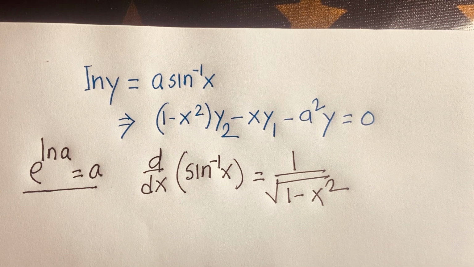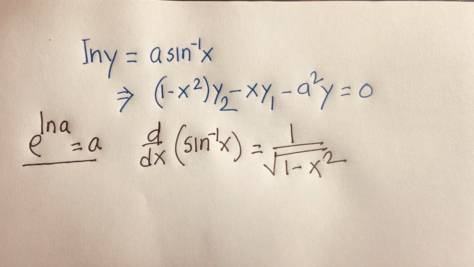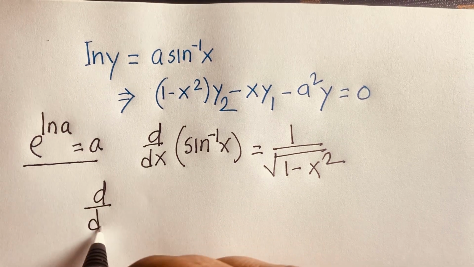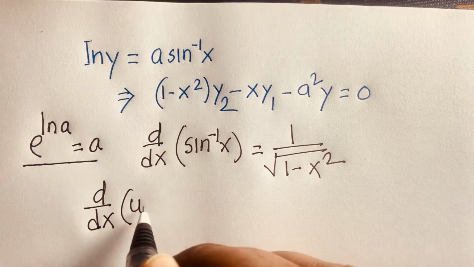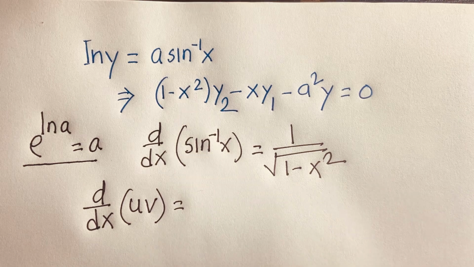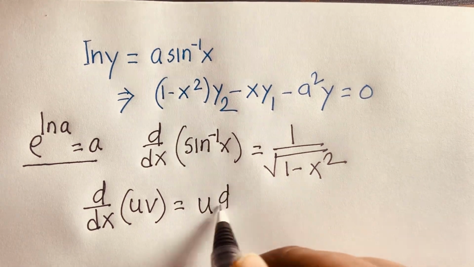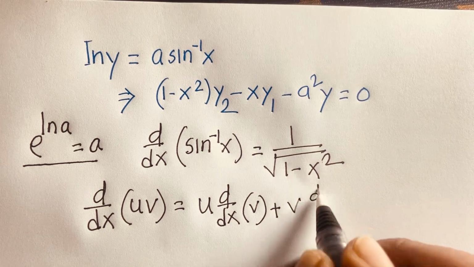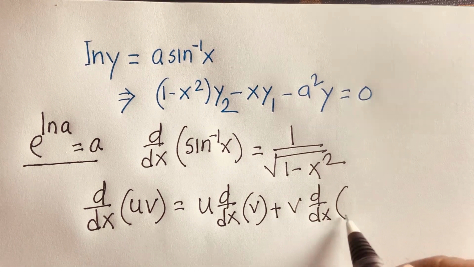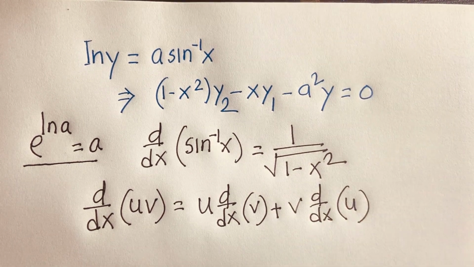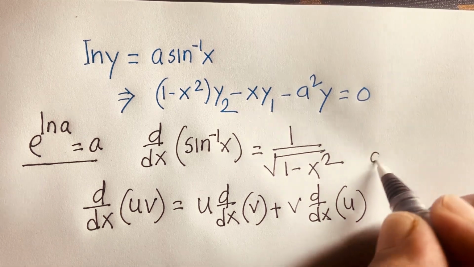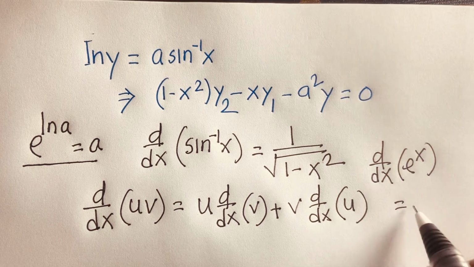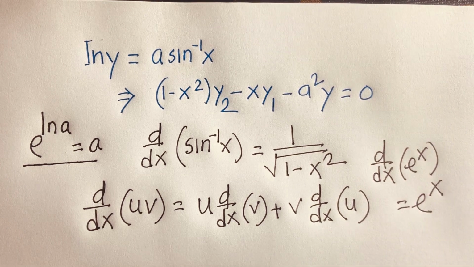Another formula is the product rule: the derivative of uv is u times the derivative of v plus v times the derivative of u. And again, we know that the derivative of e to the power x is equal to e to the power x.